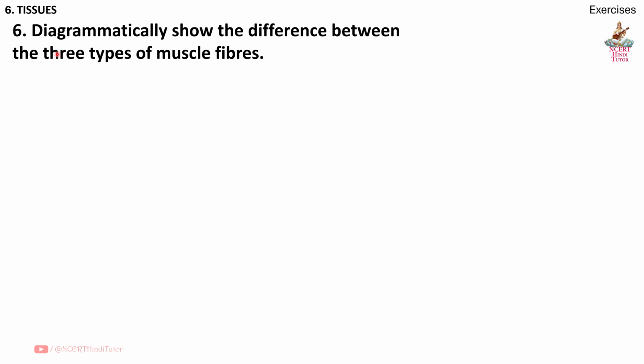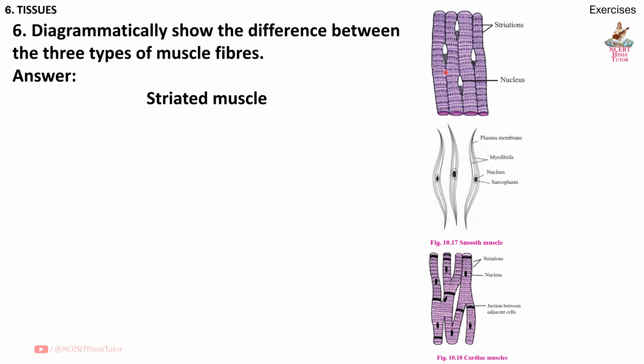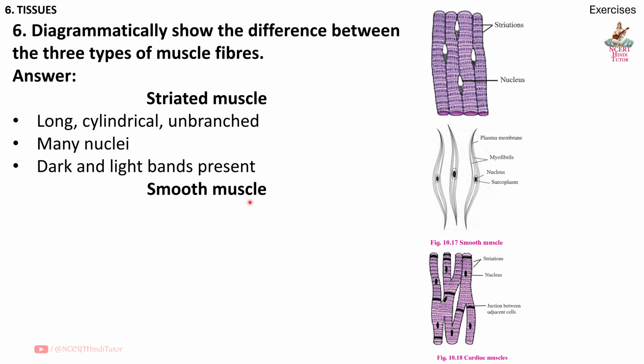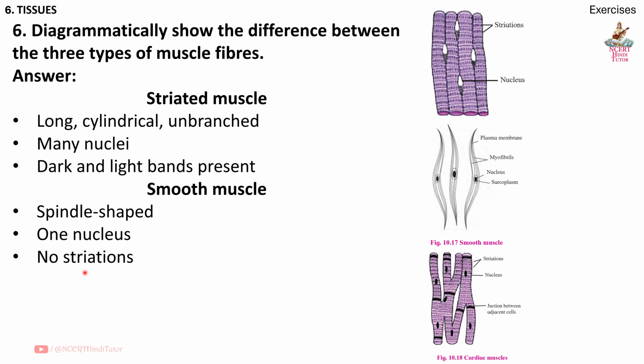Question 6. Diagrammatically show the difference between the 3 types of muscle fibers. Answer: First, striated muscles. Long, cylindrical, unbranched, many nuclei, dark and light bands present. Second, smooth muscle. Spindle shaped, one nucleus, no striations. Third, cardiac muscle.